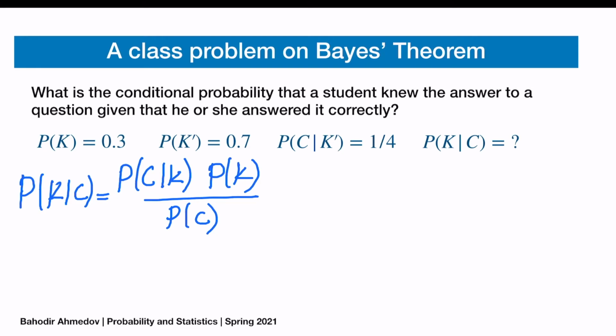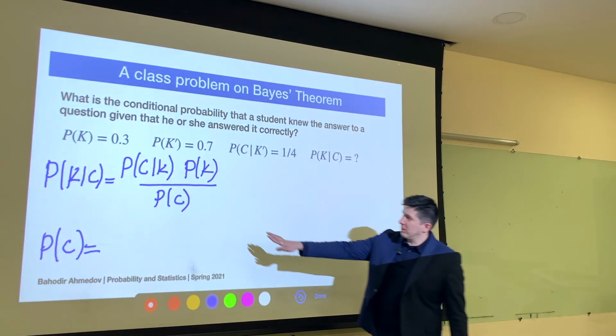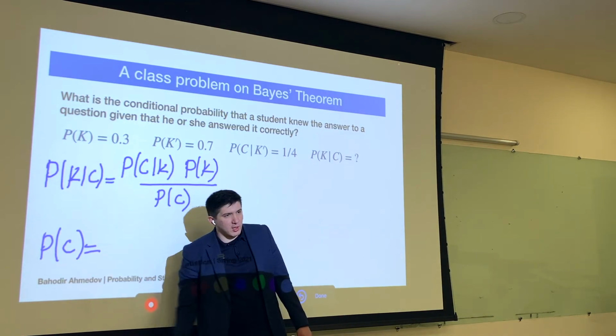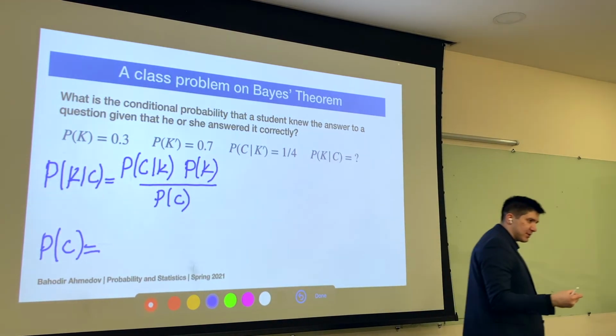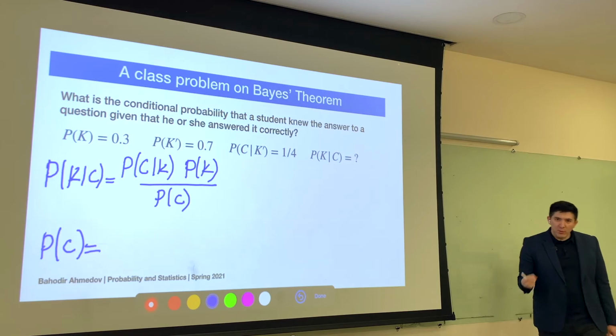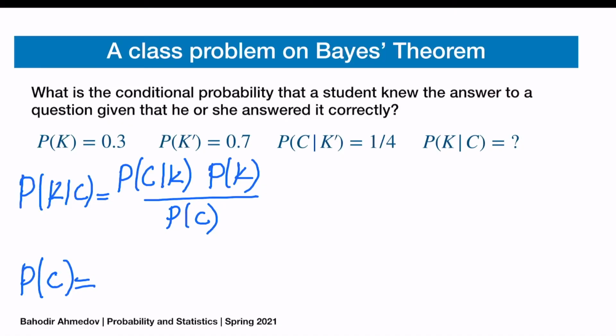So what is the probability that he's going to answer the question correctly? If he chooses one of the questions randomly, what is the probability that he's going to answer correctly? Well, it depends on whether he will know this answer, whether he will be familiar with this question or not.